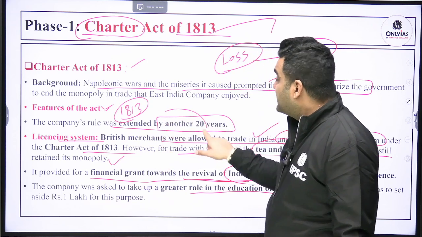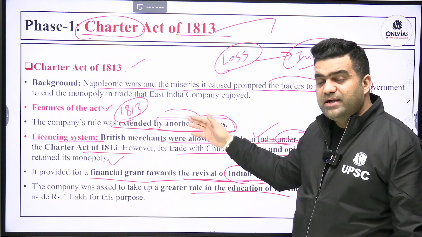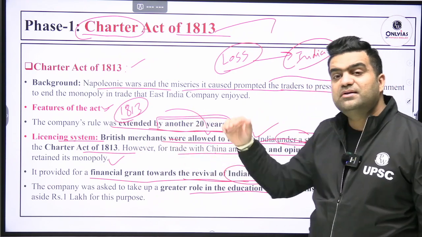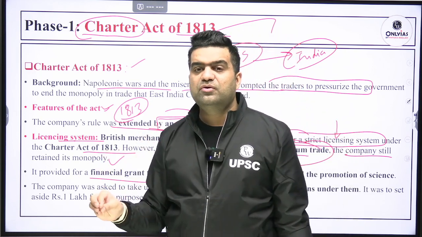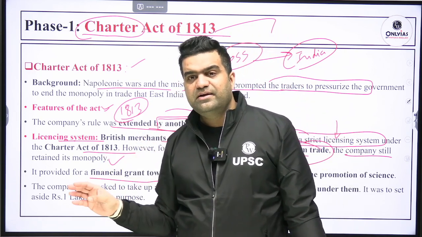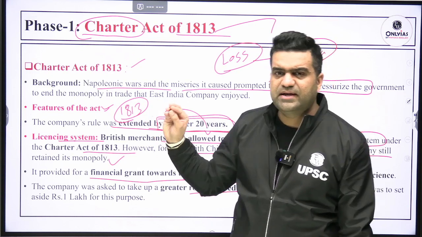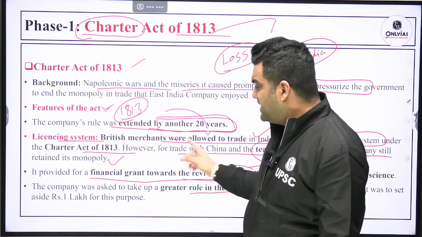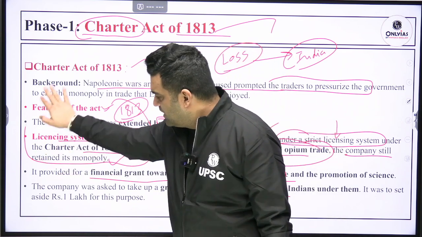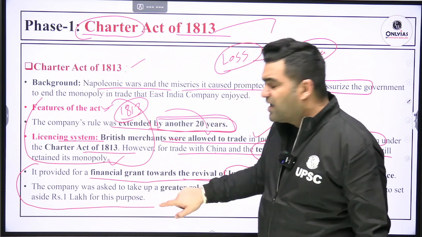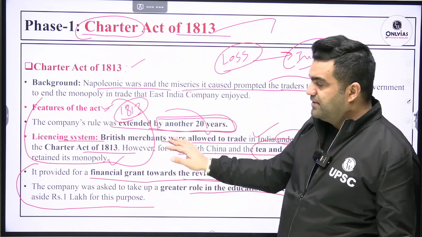They have renewed the company rule, extended it by 20 years and gave licenses to other merchants to trade in India. They would buy Indian goods, Indian primary and agricultural produce and sell it to the rest of the world or colonies after processing it. Now see here, these draconian measures are being brought about, but these benevolent measures are also accompanying. Easy to memorize? 1813, right?